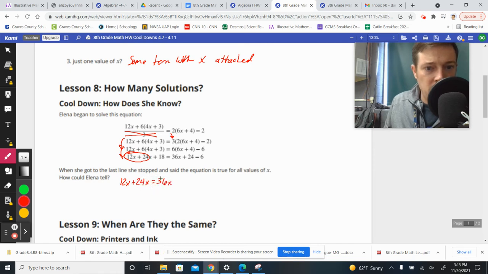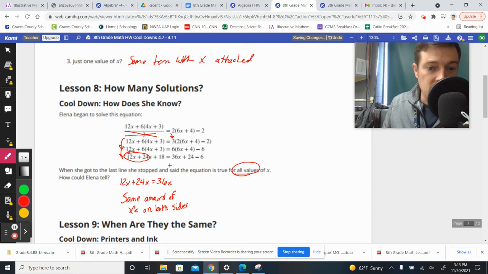So she spotted that she was going to have the same amount of x's on both sides. Now, when that happens, two things can take place. You can have either every x ever is going to work and make this true, or no x ever can make this true.